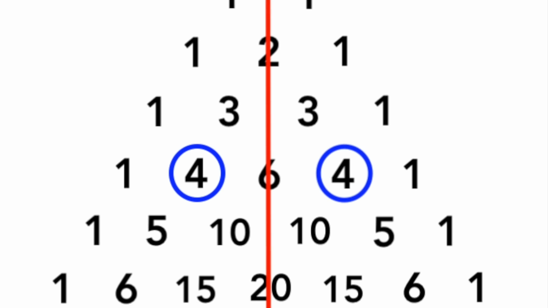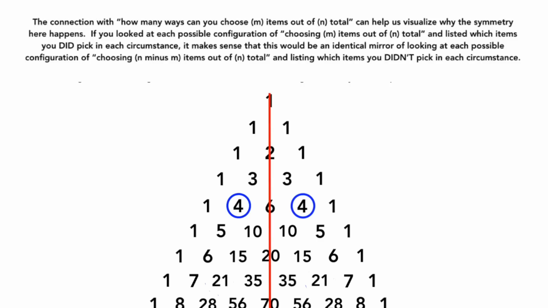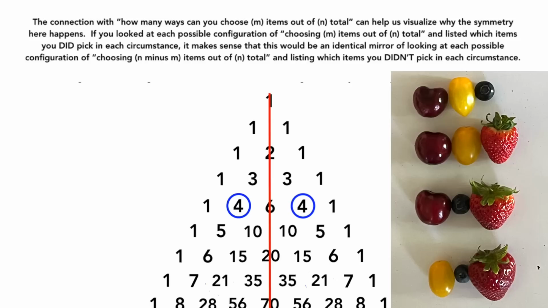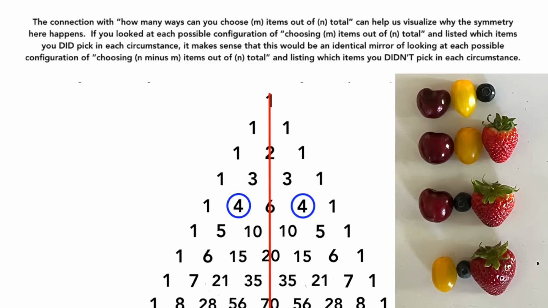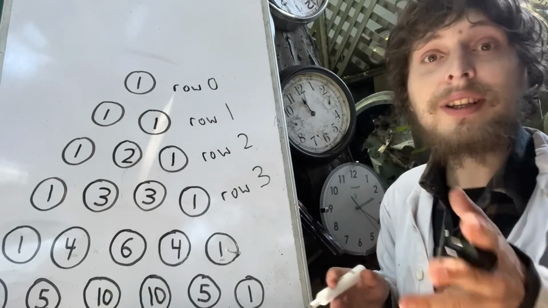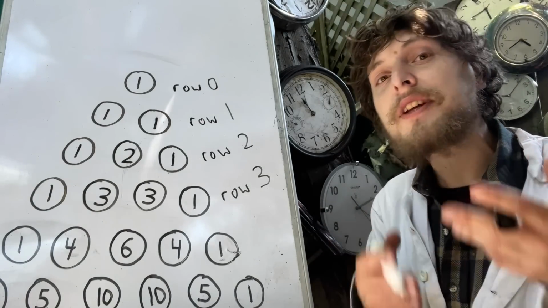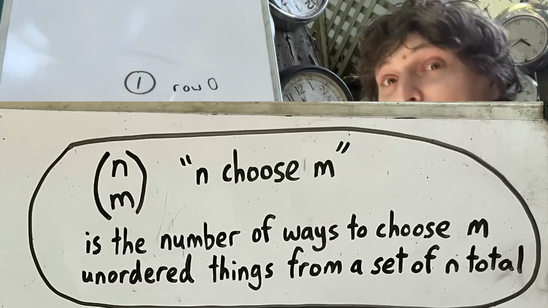And that can help this symmetry here make more sense, because it makes sense that there would be the same way of selecting 3 out of 4 items as of selecting 1 out of 4 items, because we could view one of those cases, the ones we did select, as a mirror of the ones we didn't select in the other of those cases.